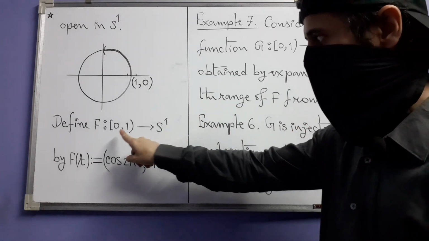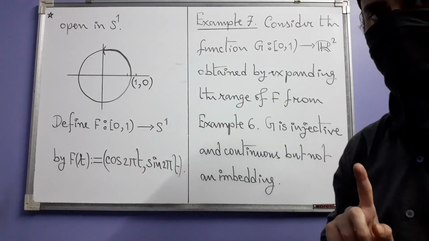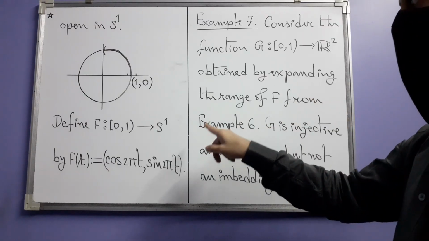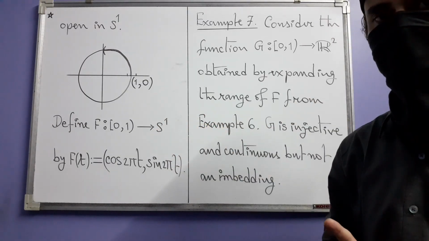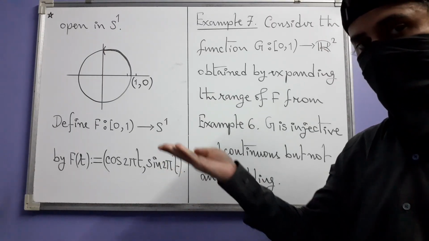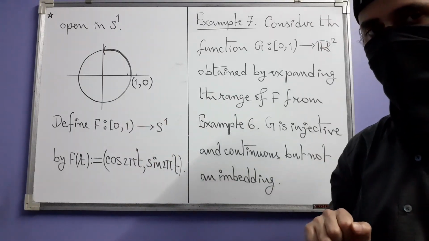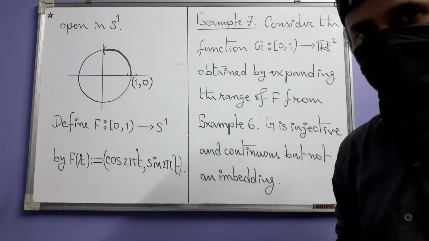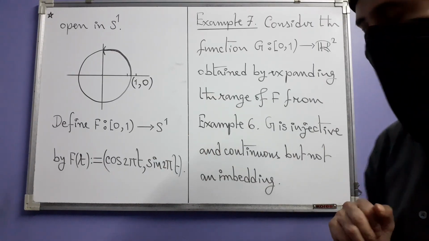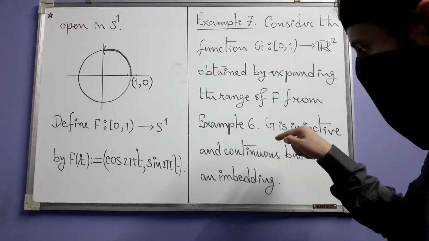Image set of the function means image set of the domain under the function. Because of the way we have obtained g from f, that image set is just this S1. And then we have to see whether that modified function is a homeomorphism or not. It's not a homeomorphism. From the previous example we get that, and that is why this g is not an embedding.